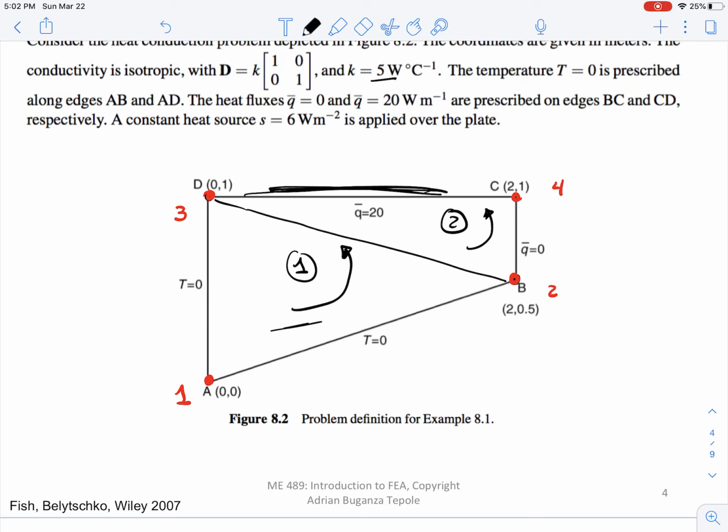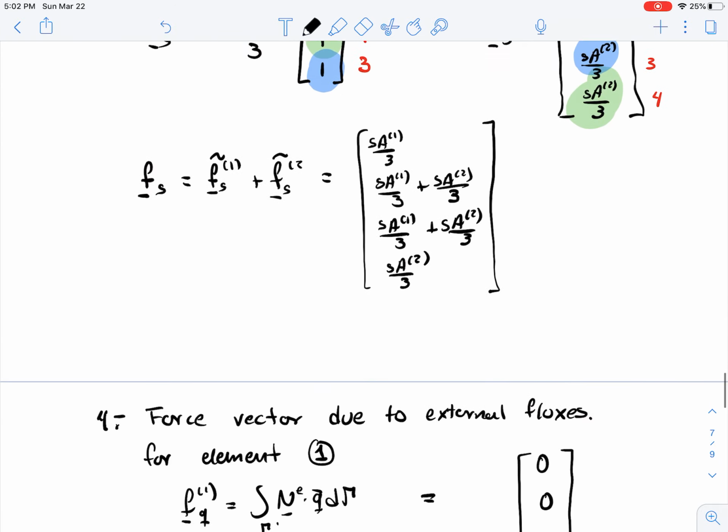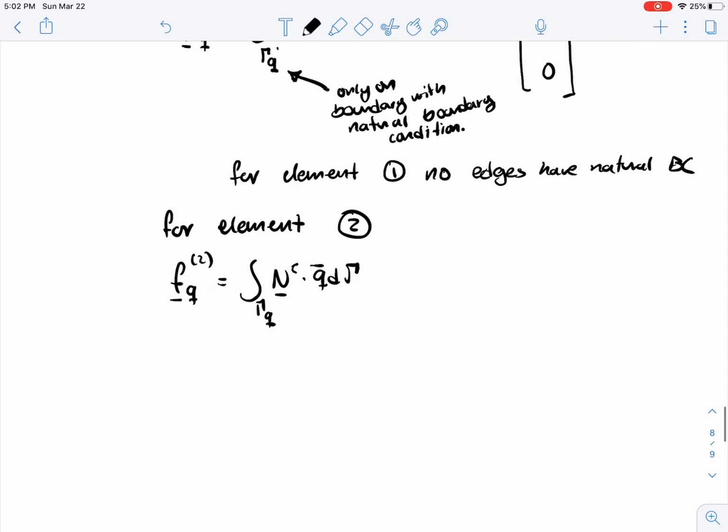The second edge also has a flux, which is non-zero, it's 20. So that one we have to integrate. The last edge is an internal edge, so it won't have natural boundary conditions. So really it's only the second edge that has flux, and that's the only one we need to integrate.